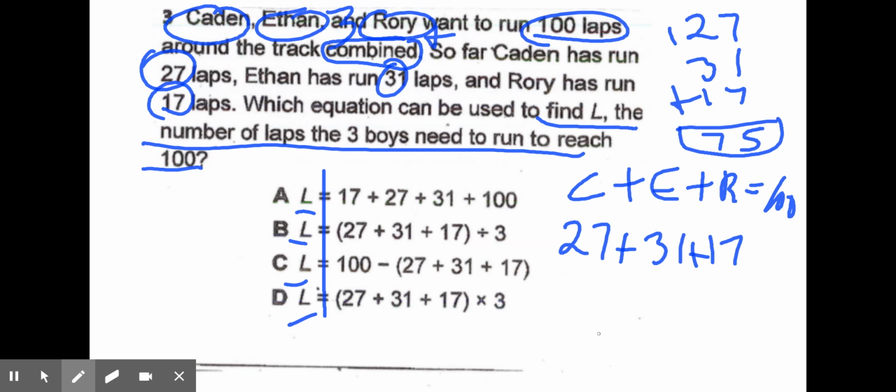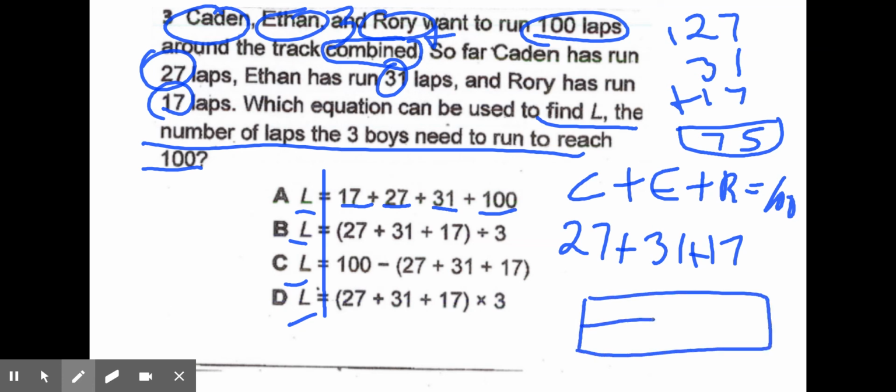Choice A says I need to add up all the boys plus my total 100. Well, would it make sense to add Caden, Ethan, Rory, and your total together? No, we never add our total with the parts, because if we made a strip diagram, my 100 would be on top, correct? Because that's how many they want to do.